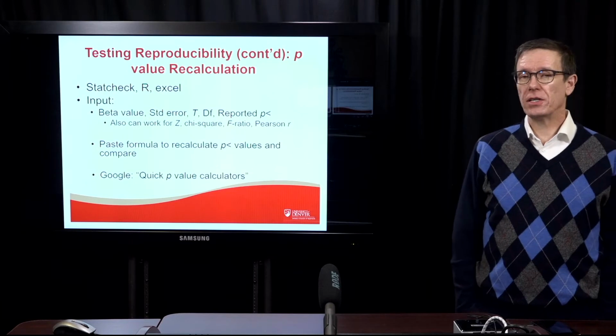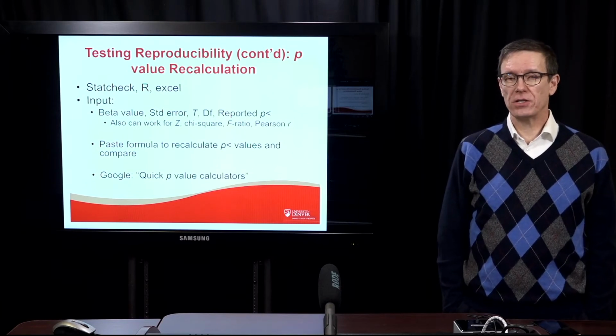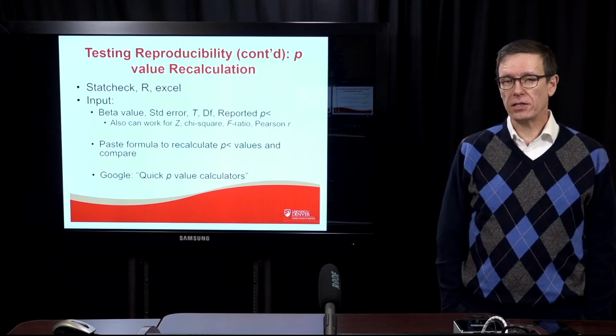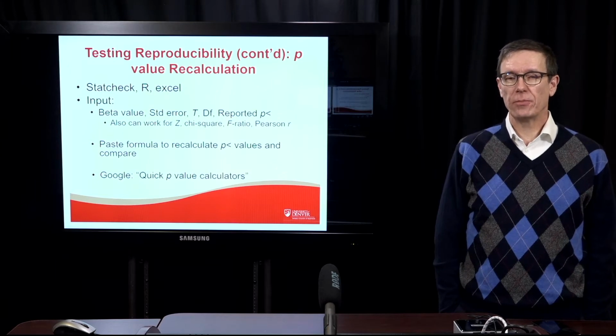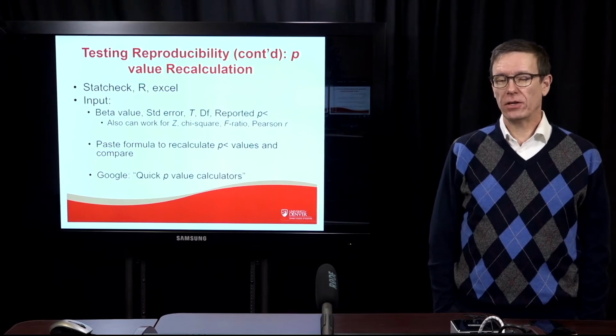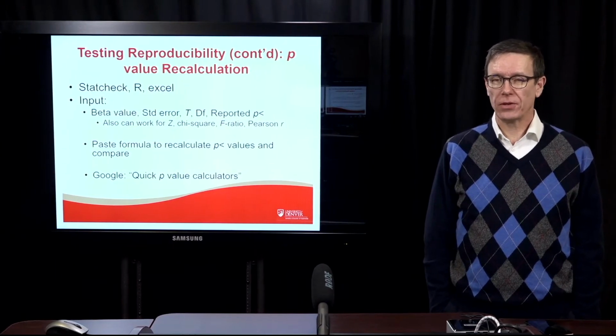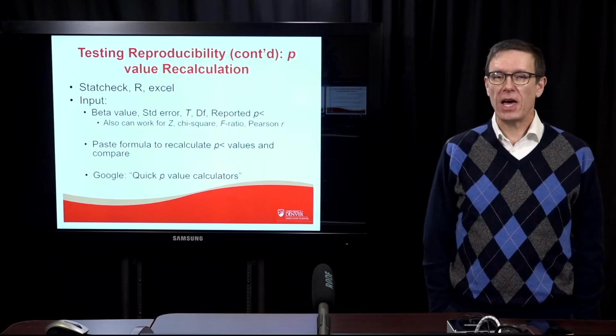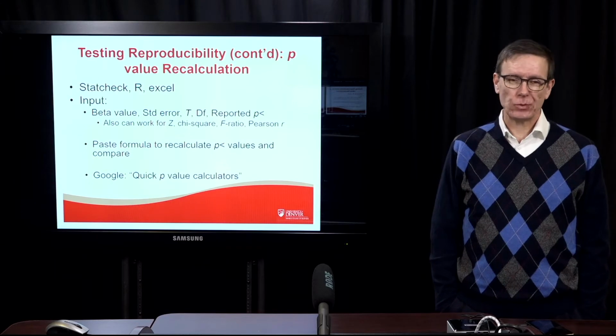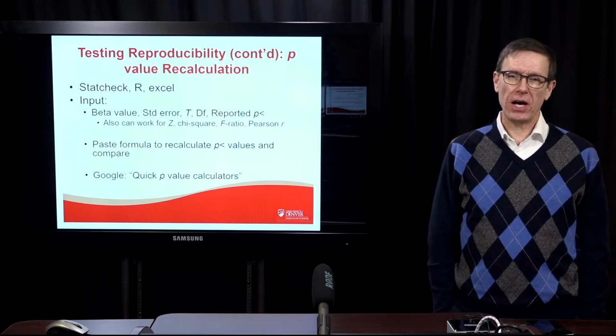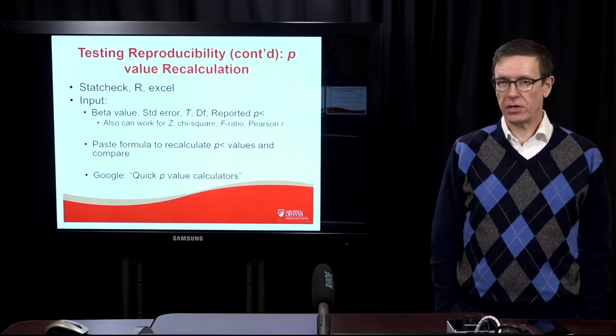We can use several different analytical packages for conducting this p-value recalculation: the package StatCheck, the software package R, or, how I prefer to do it the simple way, an Excel spreadsheet. What do you need for this? You take a beta value out of a table.